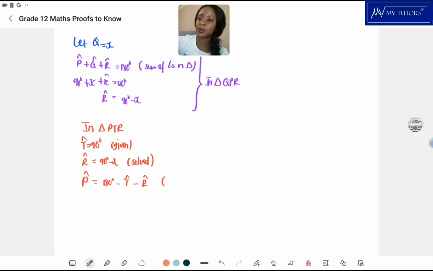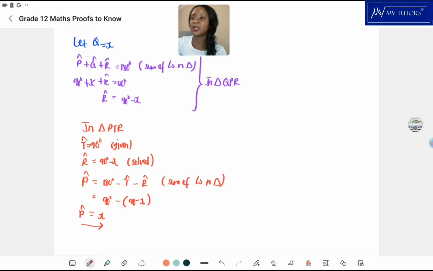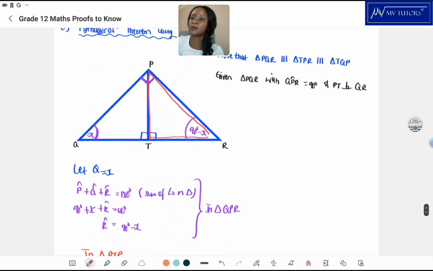We know that T is 90, so I'm left with 90 as is, and then R is 90 minus X. So P is actually X. So this is X.